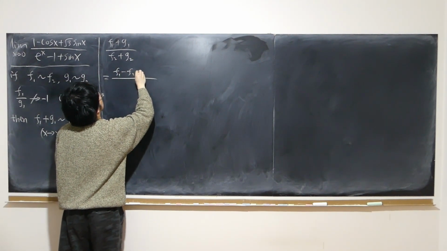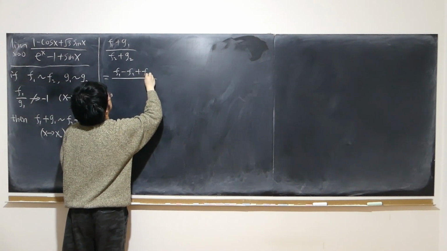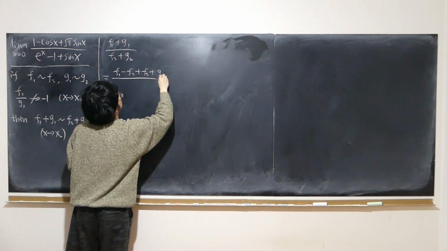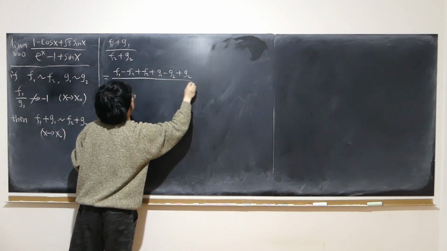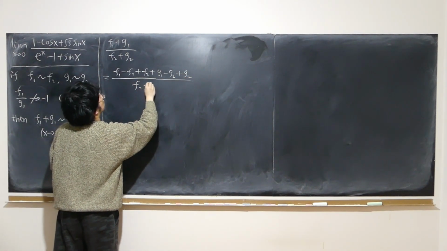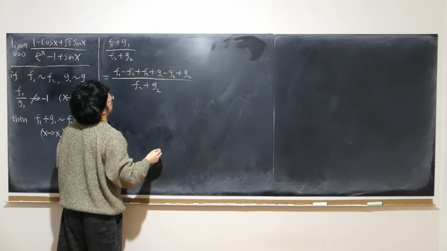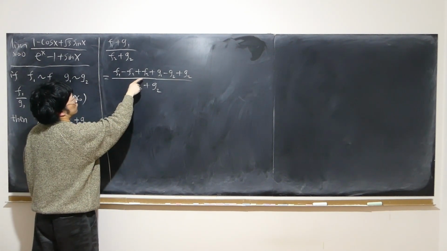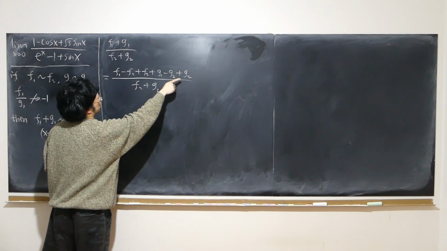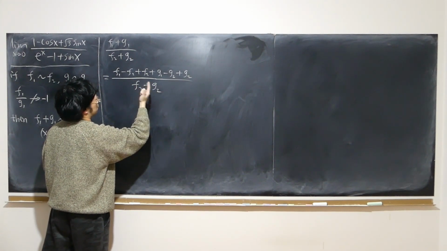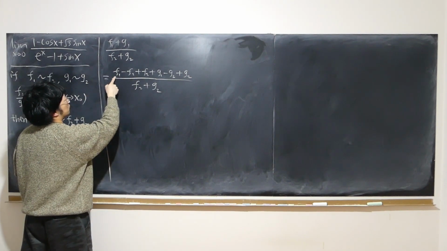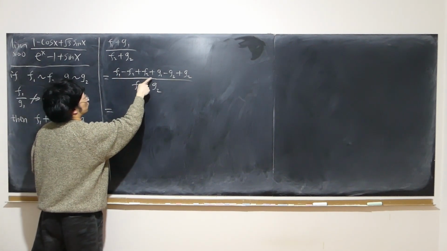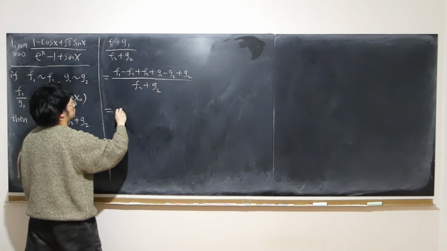Minus f2 plus f2 plus g1 minus g2 plus g2. So we realize that we have f2 plus g2 on the top, same as the bottom. So they just become 1. Still, I have to use this and that and group this and that.